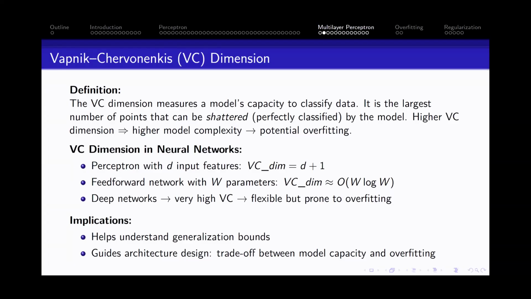This is just giving us some impression of what kind of architecture you can design, like whether your problem is complex enough to go with more hidden layers or even reduce the layers. For a feed-forward neural network with more layers, the dimension is on the order of W log W. And for deep neural networks, when you have more hidden layers, you have a very high dimension, or more boundaries that you need to assign.